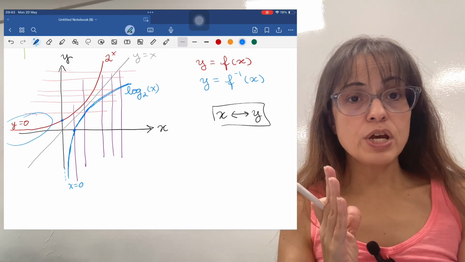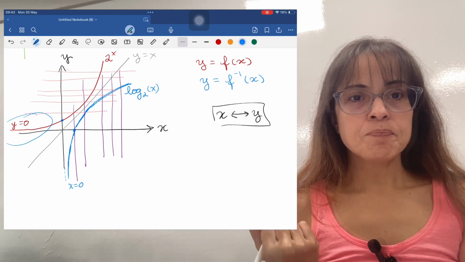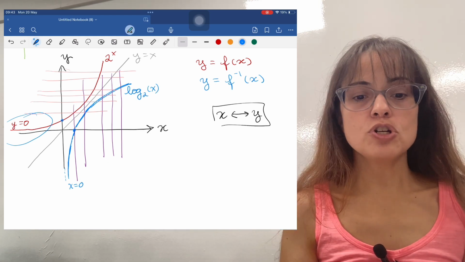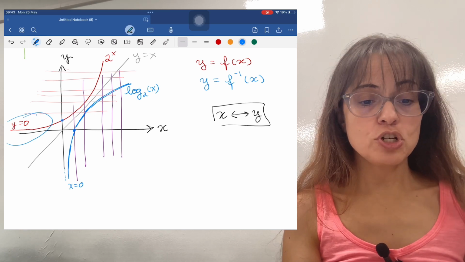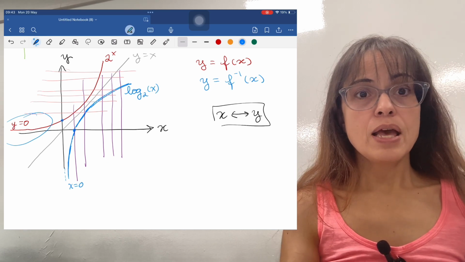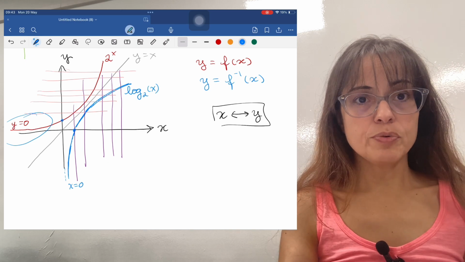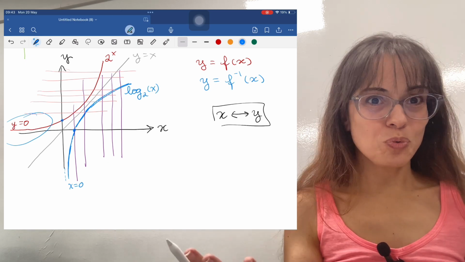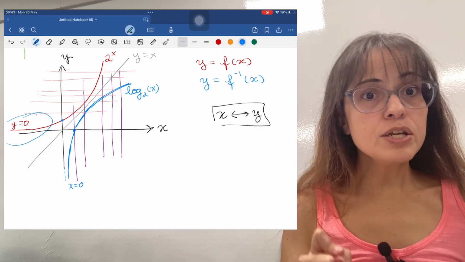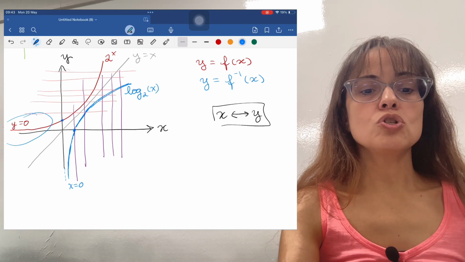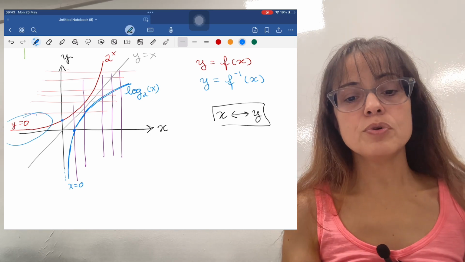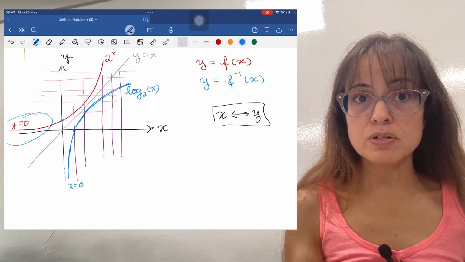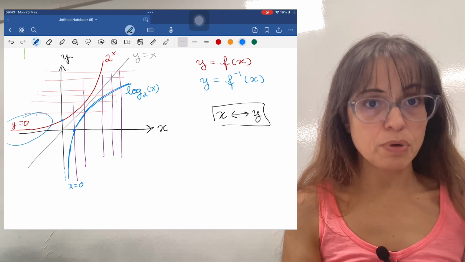So domain and range also have to be switched when you're doing inverse functions, which is why the domain of an exponential function is all real numbers, and the range of the logarithmic function is all real numbers, but the range of the exponential function is only the positive numbers, which means that the domain of the logarithmic function is just the positive numbers. That's where that comes from as well.